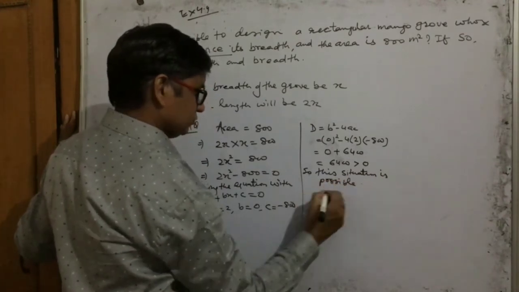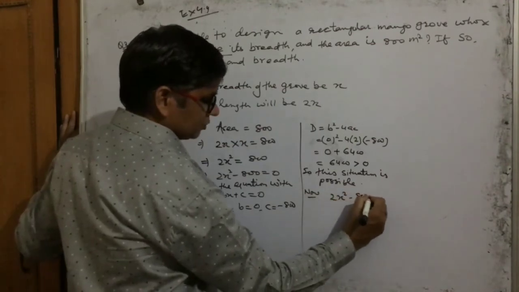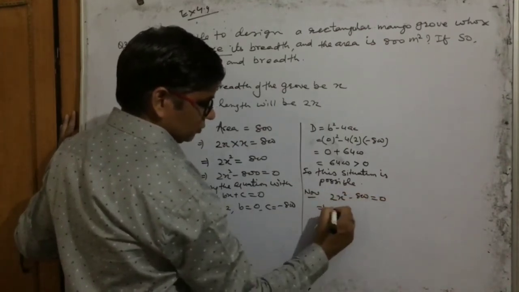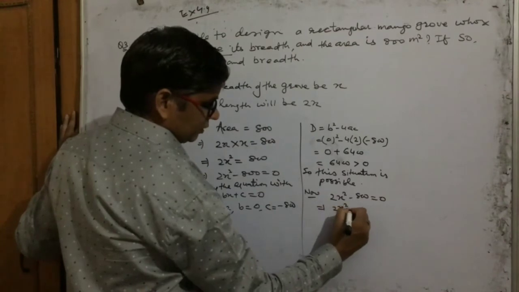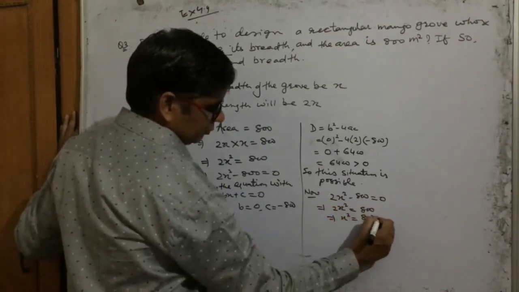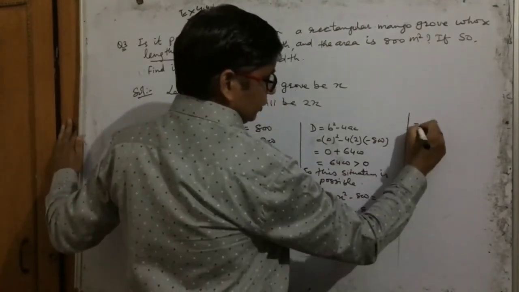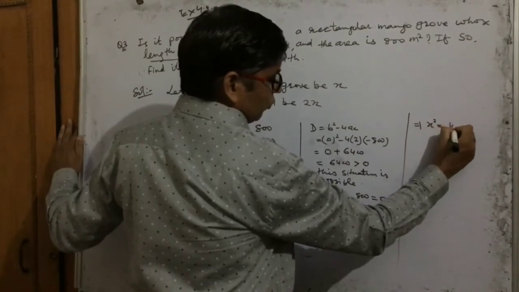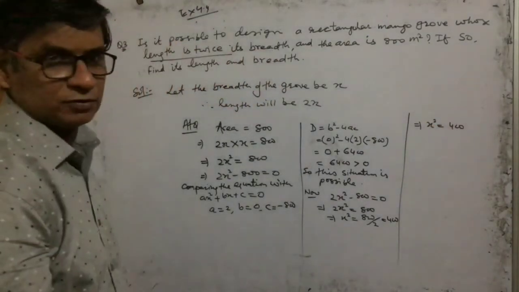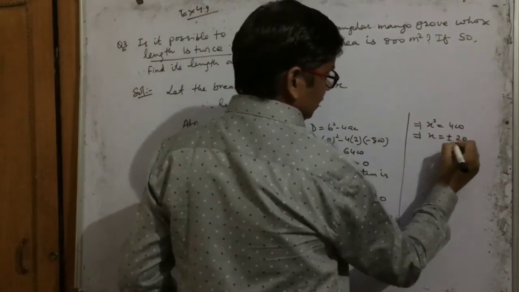Now 2x square minus 800 equals 0. 2x square equals 800. x square equals 800 upon 2, 400. So x square equals 400, taking square root both sides, x equals plus minus 20.